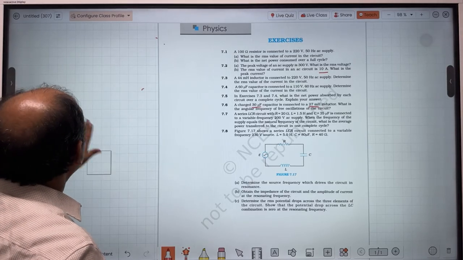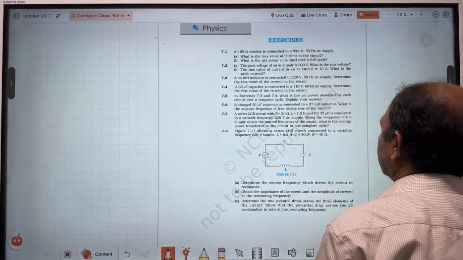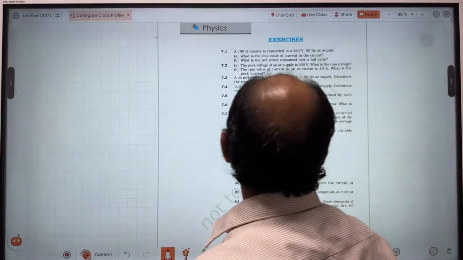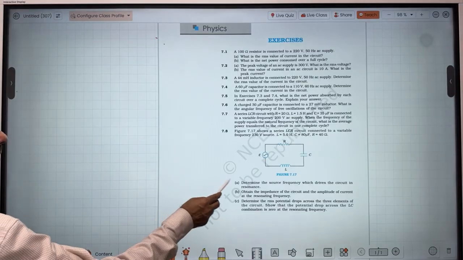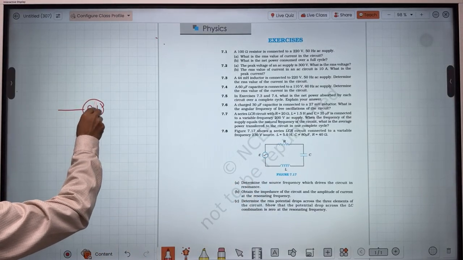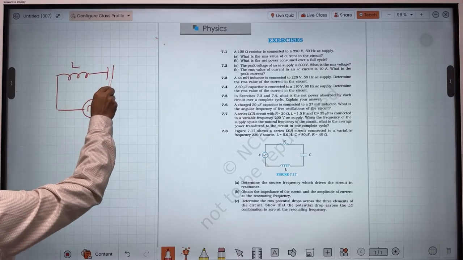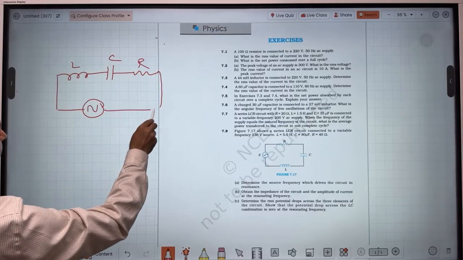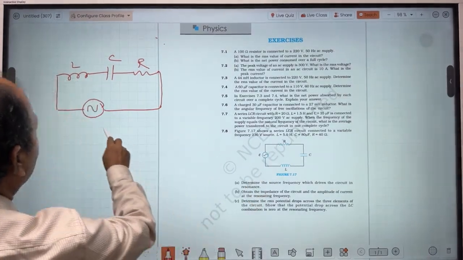Next question says, figure 7.17 shows a series LCR circuit. You are given the LCR circuit. So here suppose this is the voltage source, and here there is inductor L, then C, and then resistor R. You are given this circuit, right, in which values are given.